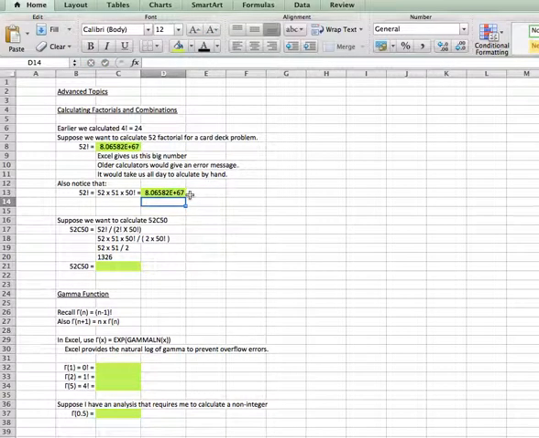In this case, Excel gave us the same number. So it calculated exactly the same for us. And that's what we would expect.